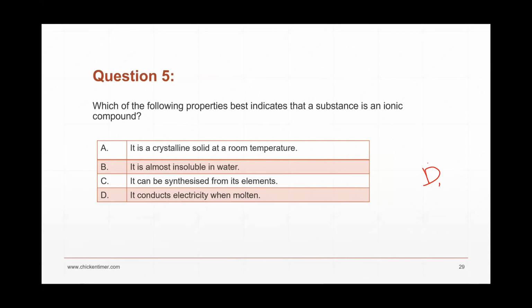Then it can be synthesized from its elements, which means you can make them from its elements. So if you want sodium chloride, then you can make it from sodium and chlorine. A. C is not very possible because the rest of the compounds, even if they are not ionic, can be synthesized from their elements. So the closest answer is maybe just A and D, but I think D is a better one.